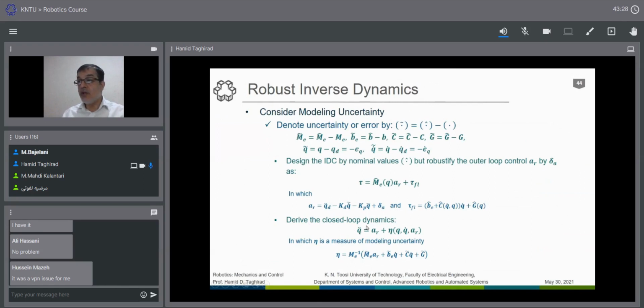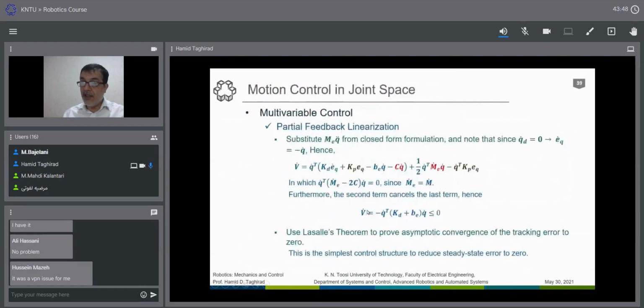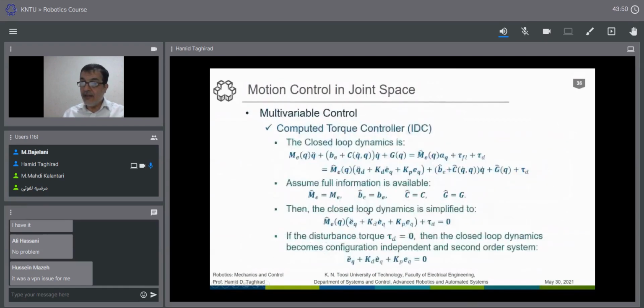So if you derive the closed loop dynamics, in the previous case, Q double dot was equal to QD double dot minus KD Q dot minus KP error, minus K plus KP Q tilde. Let me go back again. I'm sorry, don't lose your attention.